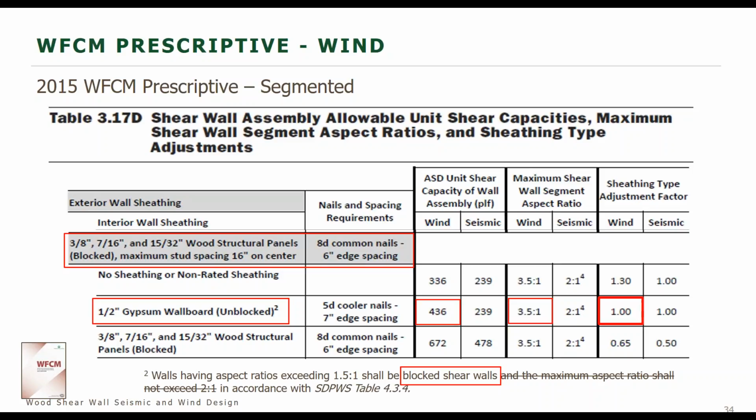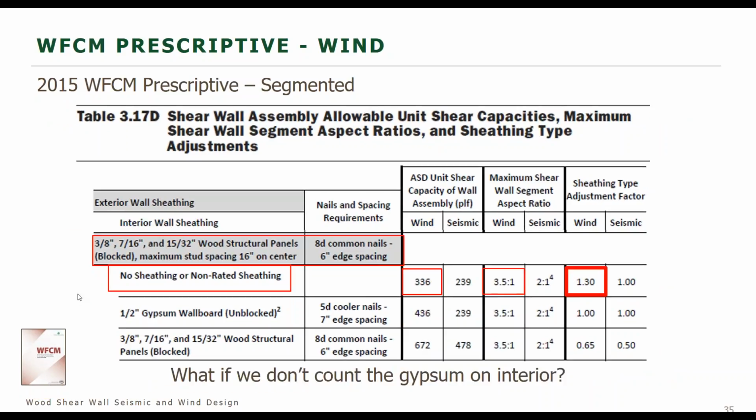So what if we don't want to count the contribution of the gypsum, or if we don't want to block it, or for whatever reason we're not using the gypsum contribution on the interior? Well, we can go into table 317D, and if you take a look at the way the table is laid out, this gray bar represents the exterior wall sheathing, and the white underneath it represents what the inside of the wall would be sheathed with.